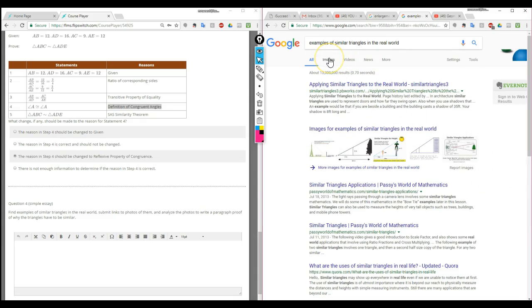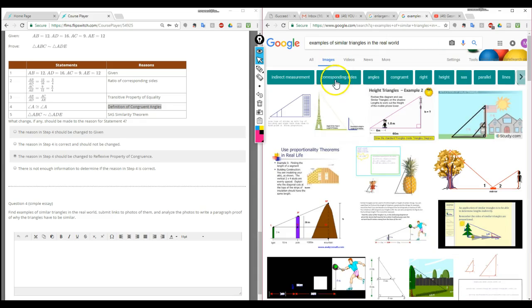And I'm going to go to images and look for some real world ones. I want pictures of actual things, so no diagrams.